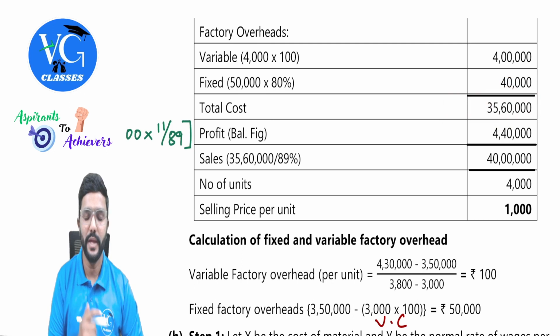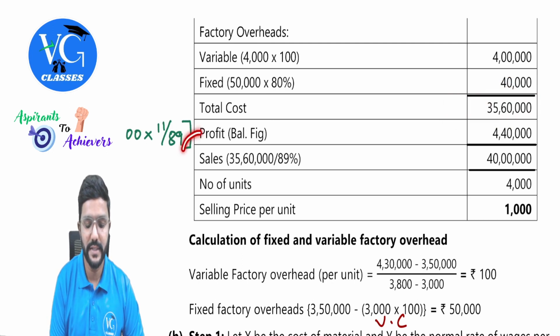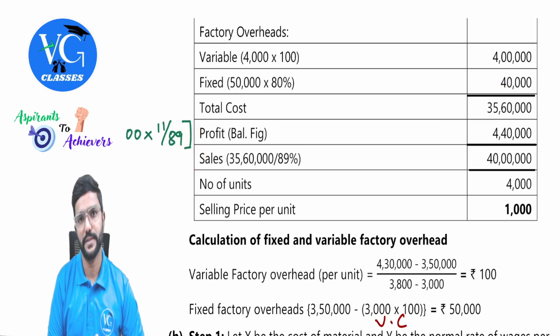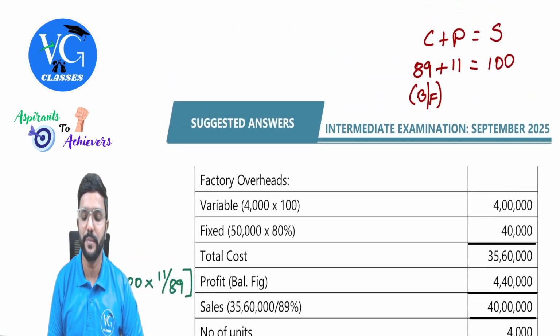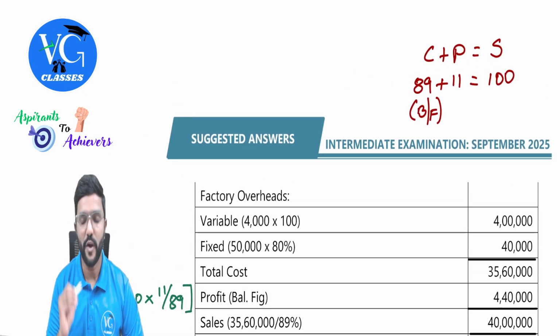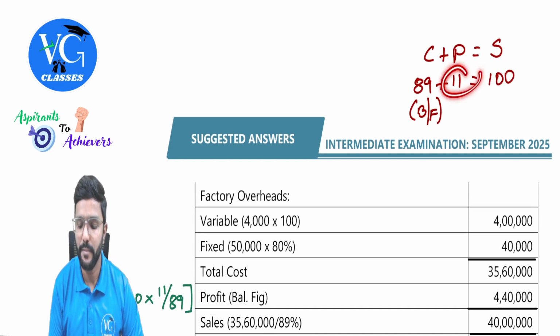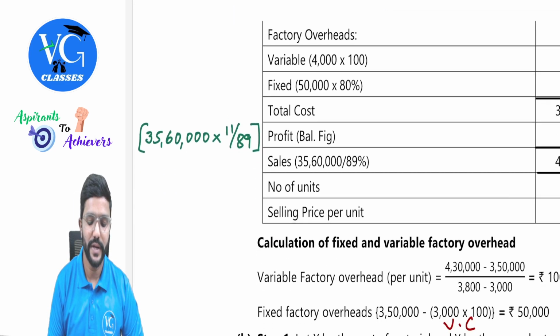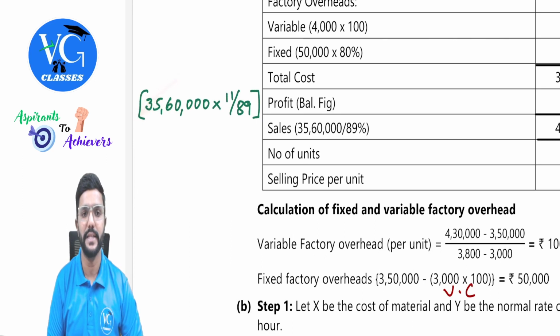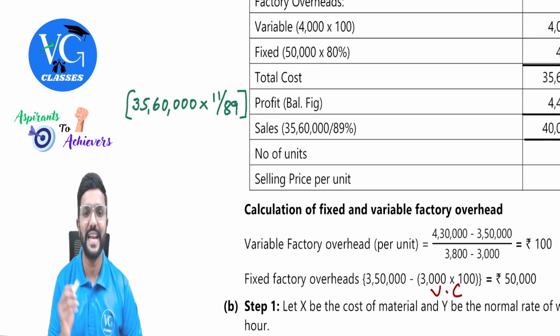Then profit is not given, but it is told 11% of sales. So can we convert the profit percentage? Yes. So profit percentage on cost would be how much, guys? 11 by 89. We can calculate profit like this. So the total cost is 35 lakh 60,000 into 11 by 89.